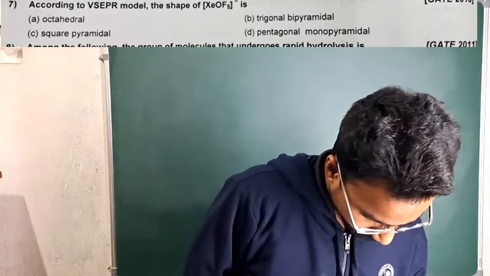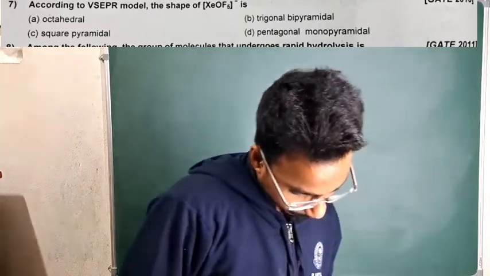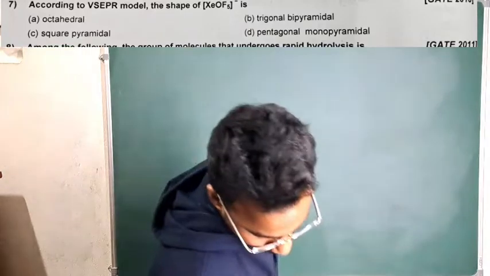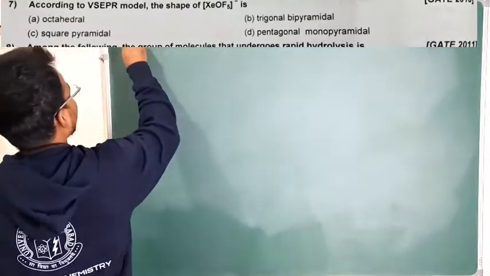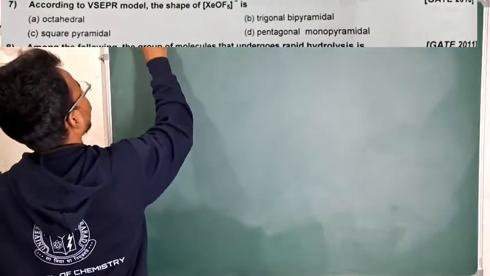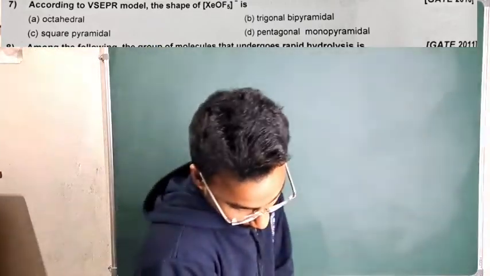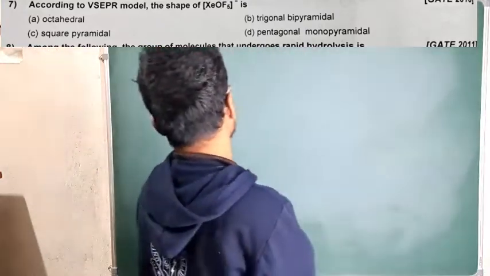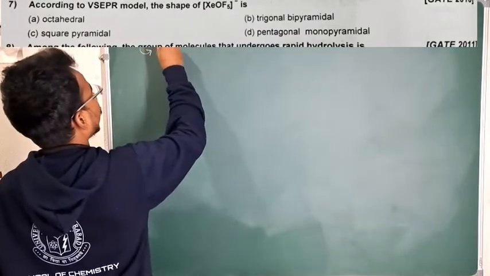2010. According to VSEPR model, the shape of the XeOF5 minus. What are they asking? They are asking about the shape, not geometry. So we'll find first the hybridization.